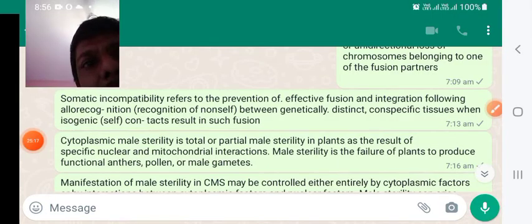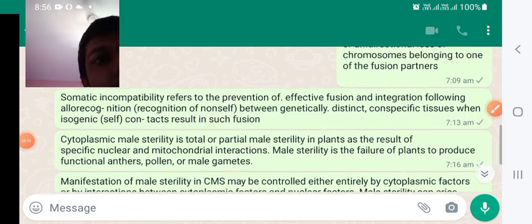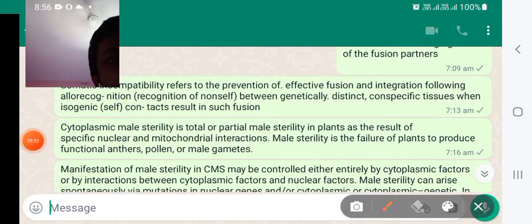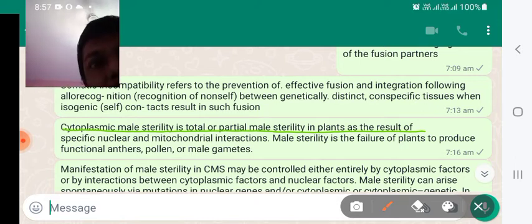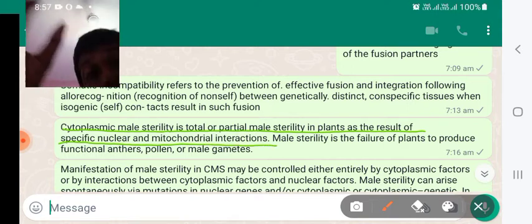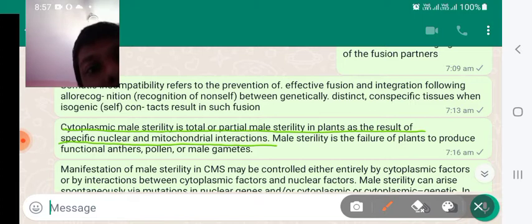Cytoplasmic male sterility is the partial or total male sterility in plants as a result of specific nuclear and mitochondrial interactions. So with the help of specific nuclear and mitochondrial interactions, cytoplasmic male sterility can be achieved.